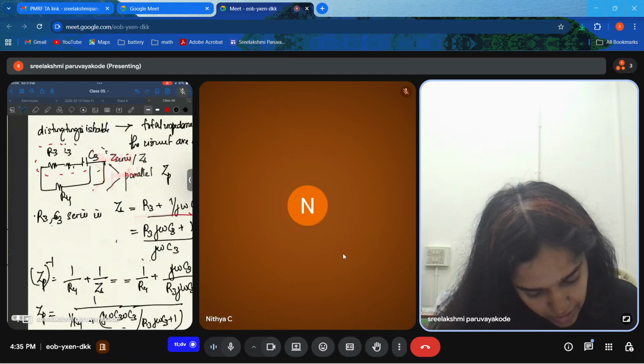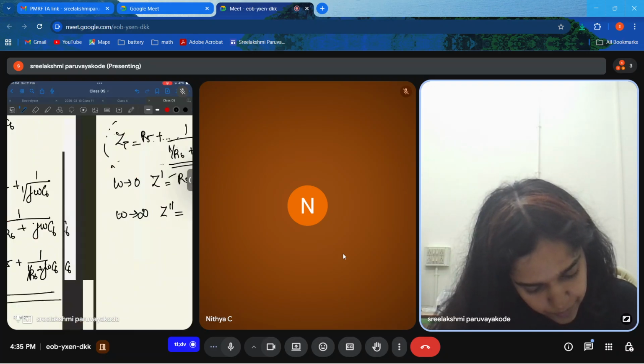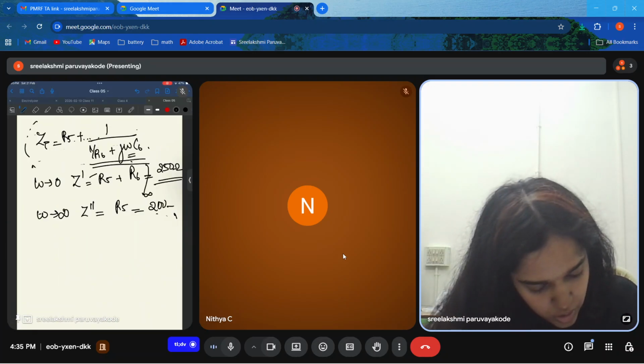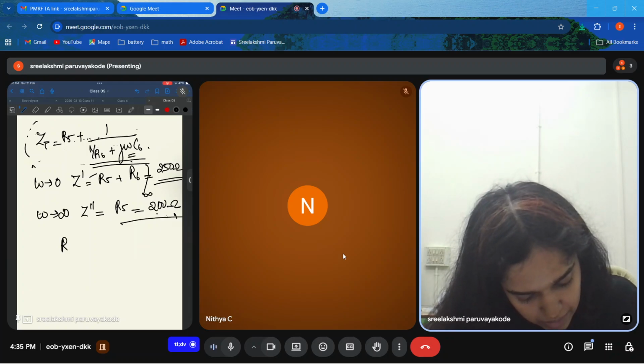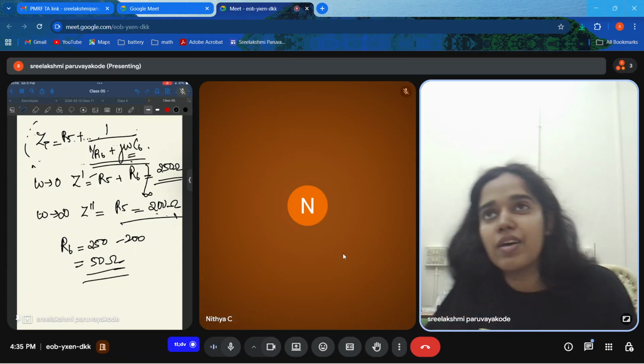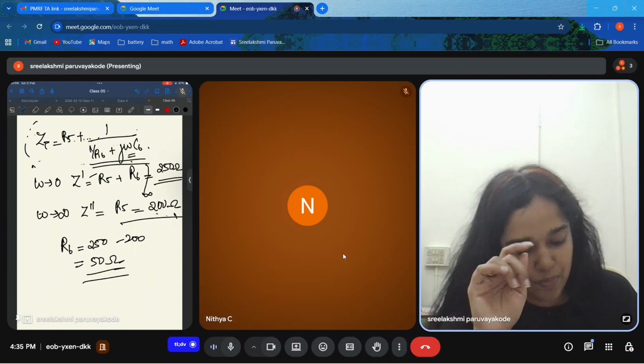It becomes equal to 200. So R5 equal to 200 ohms and R6 equal to 250 minus 200 equal to 50 ohms. Yes, we have corrected it. So be careful when you are simplifying it and finding the total circuit impedance.